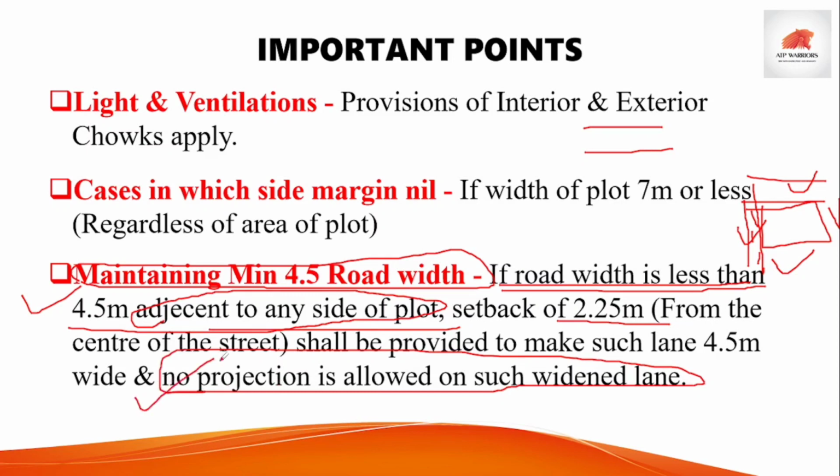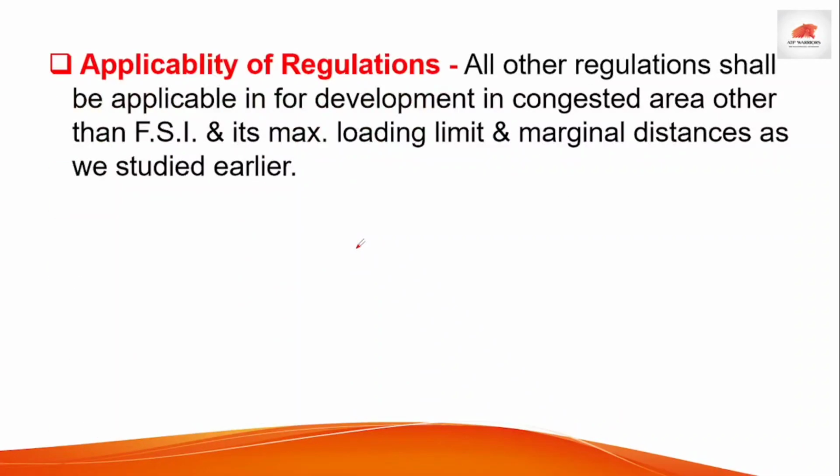Projections allowed on setbacks is a different topic, which we are going to see further. But keep in mind that if we widen the road to maintain a minimum 4.5 meters, then no projection is allowed for that plot, okay. So keep that in mind.